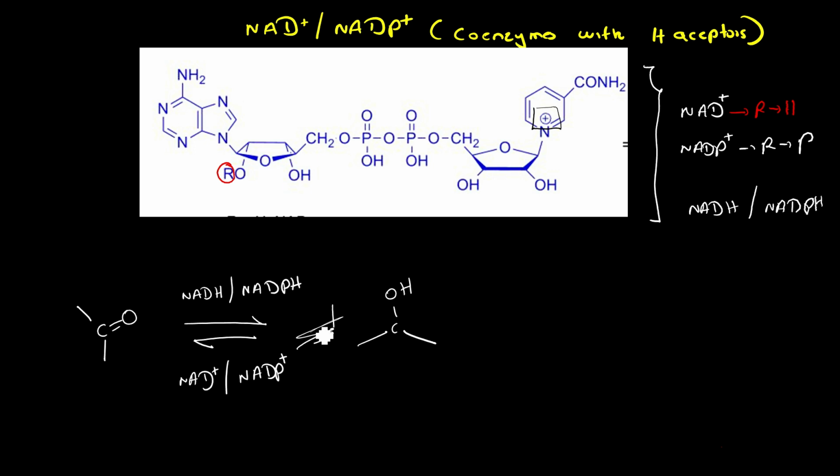For now I need you to understand these two main things. First of all, this is the NAD+ and NADP+ structure, and how these two vary from each other: only by the simple hydrogen atom and phosphate. And on what occasions we use NAD+ and NADP+. This is very important.